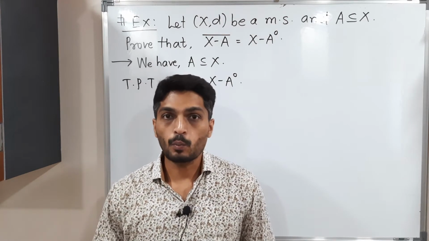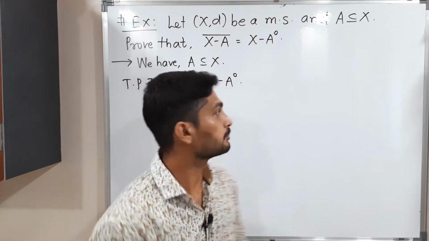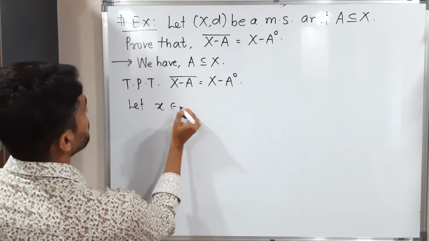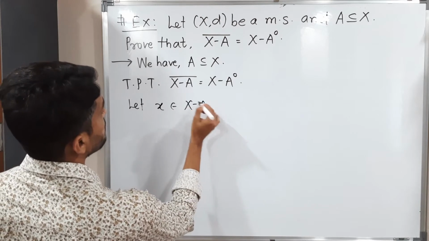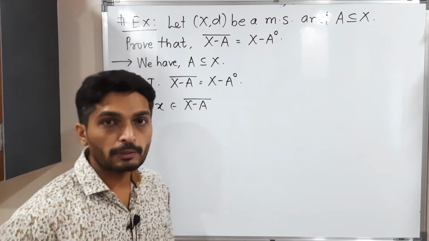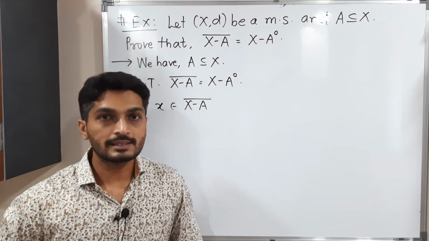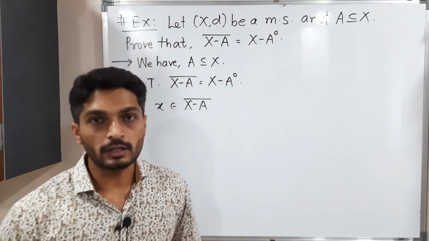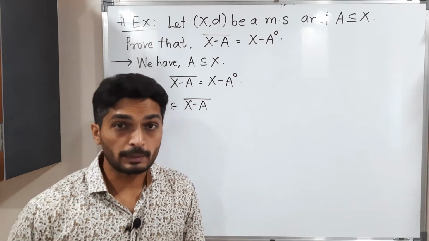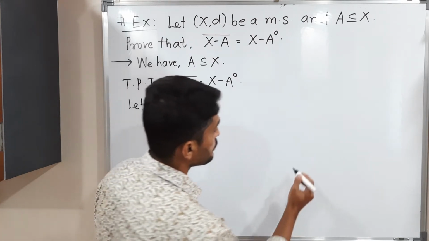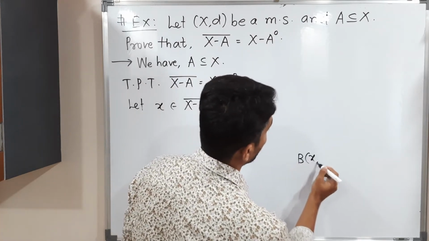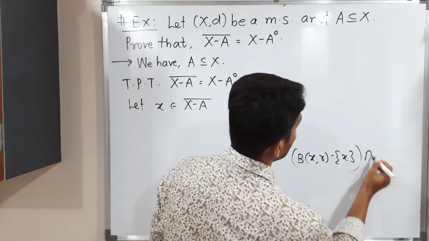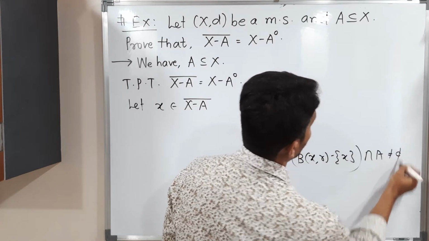Let us take one point from the first set. Let x belong to X minus A bar. I'm going to prove that x belongs to the second set. Then we can declare the first set is a subset of the second set. You remember the definition of limit point. The definition of limit point is B(x, r) minus singleton {x} intersection A is not equal to phi.